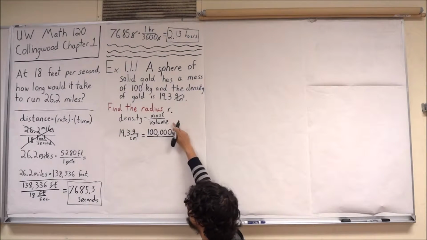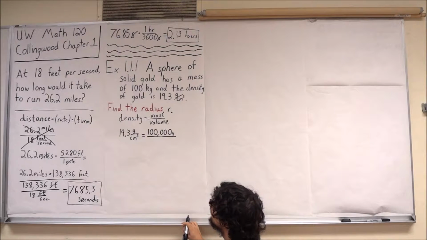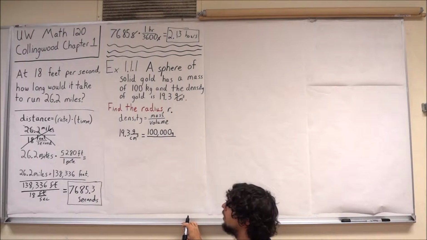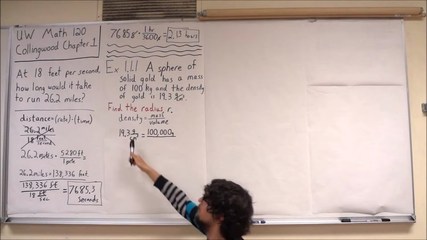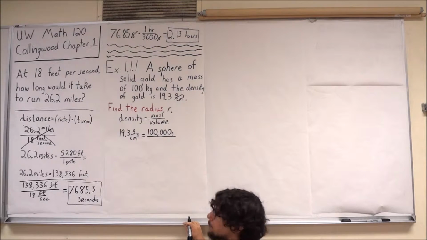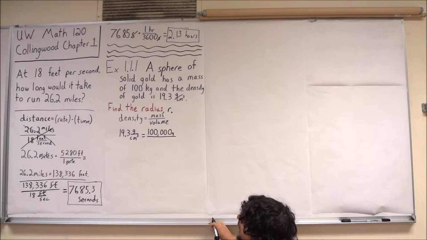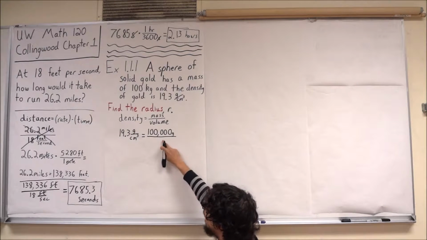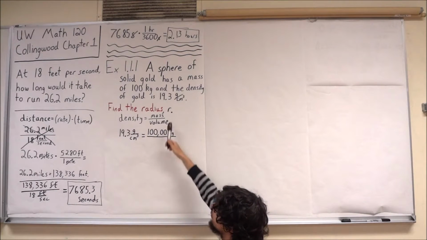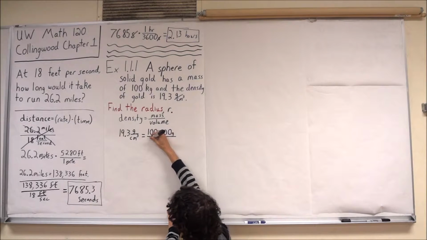So I'm simply rewriting this formula here in terms of the given information. Density is 19.3 grams per centimeter cubed. My mass I've rewritten in terms of grams. And now my volume, I'm going to write in terms of r.